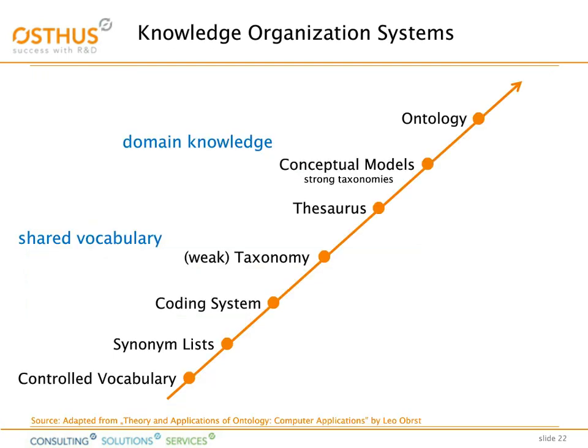And there are different knowledge organization systems with different levels of semantic expressivity that you can employ to encode this kind of knowledge. So on the very low end, we have controlled vocabularies. That is just a controlled list of terms that you define to be used to describe a certain type of entities.